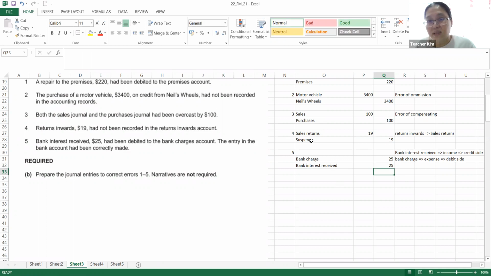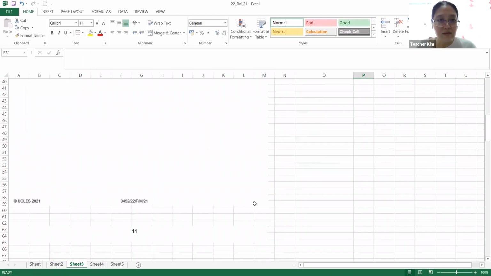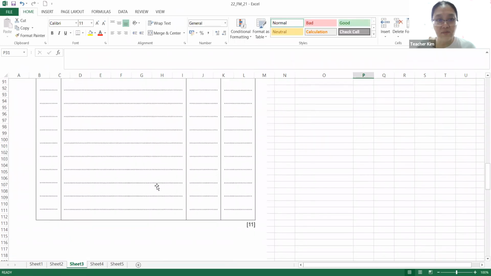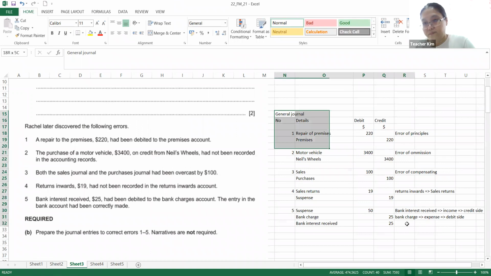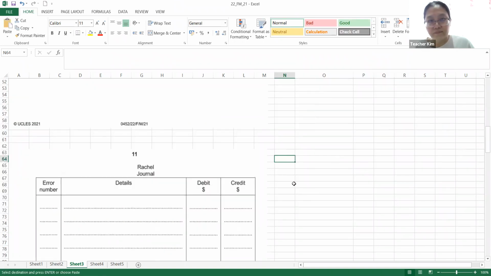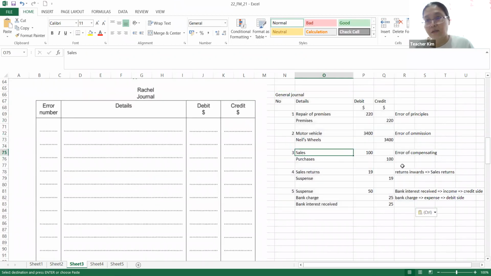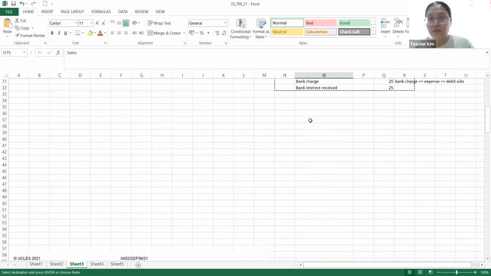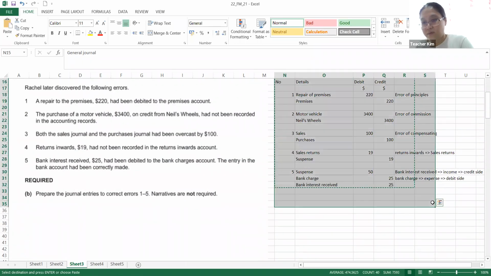So this total I have to put into the suspense, which is 50, double up the amount. Okay, so now all the entry for this one we have done already. So take notes of all these entries that we made.